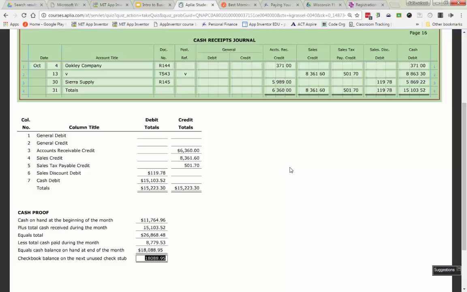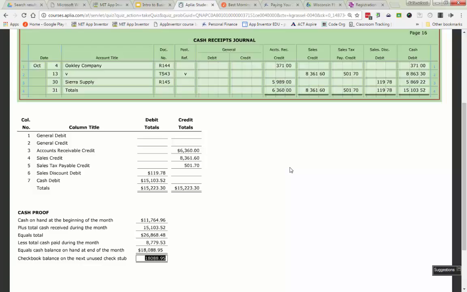My debits and credits could have equaled, but my cash would have been off $119.78. So that's why we always make sure that we do both. We prove our debits and credits, and then we also make sure that we have our cash to prove.